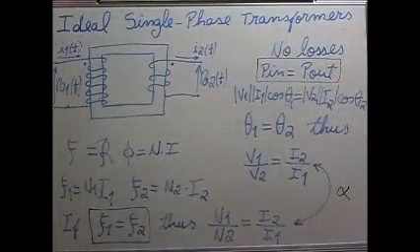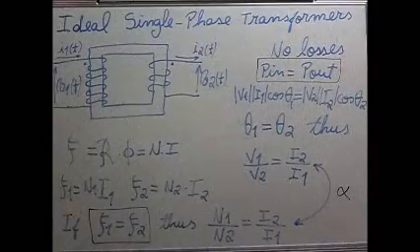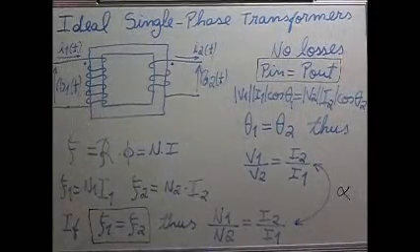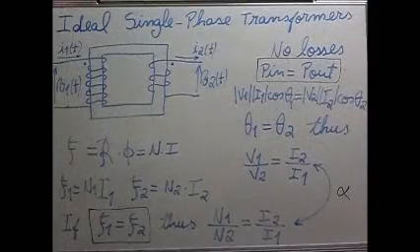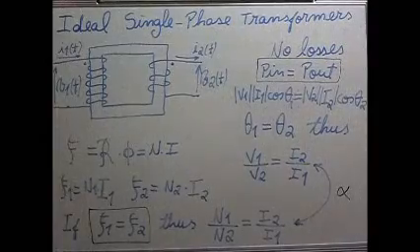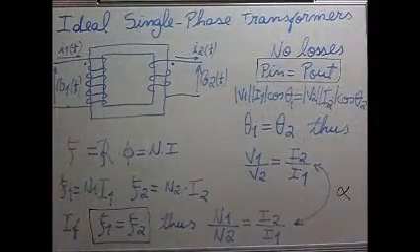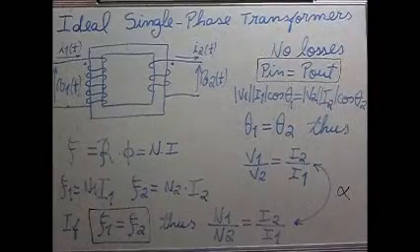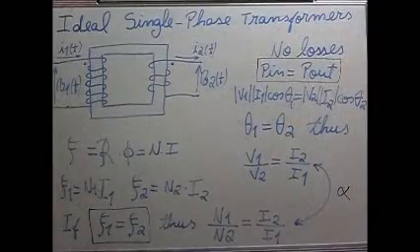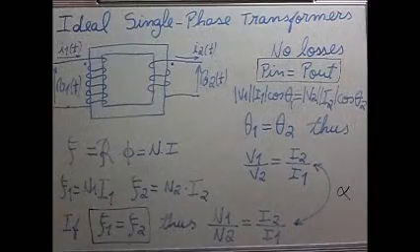F is the magnetomotive force, R is the reluctance of the core, and phi is the flux. F also equals N i. N is the number of turns in the winding you are studying, and i is the current in that winding.